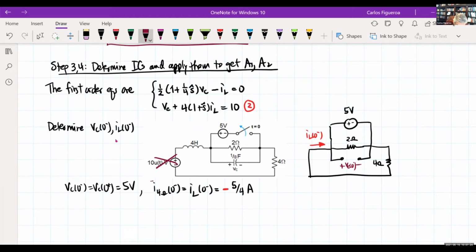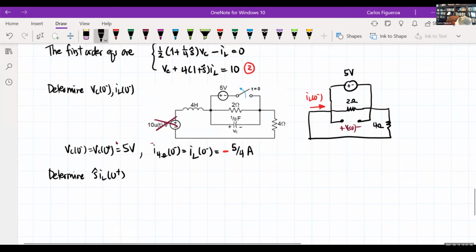So right away, I got my values right here, right? So now I'm going to go determine S hat IL of 0 plus. And you could see equation 2. So what you're going to find here is that, look at my equation.